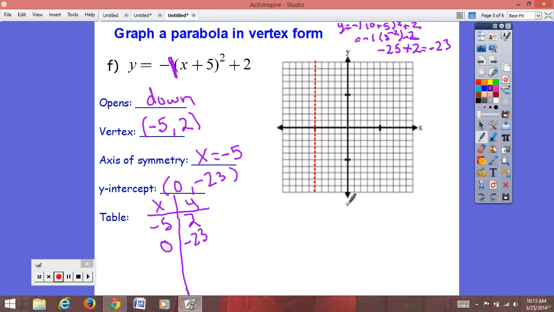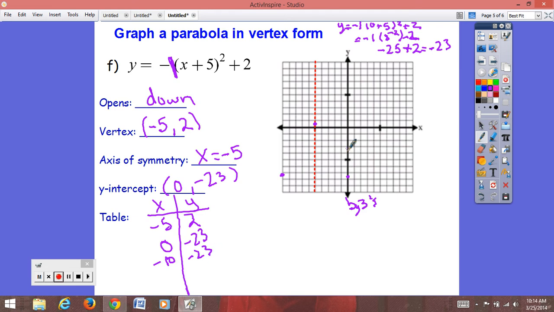So if we go by 3's, then we would have 3, 6, 9, 12, 15, 18, 21. 24 is that line, so 23 is right above that. And our -5, 2 would go right about there. So then we also know the point -10, -23, by flipping that over our axis of symmetry.